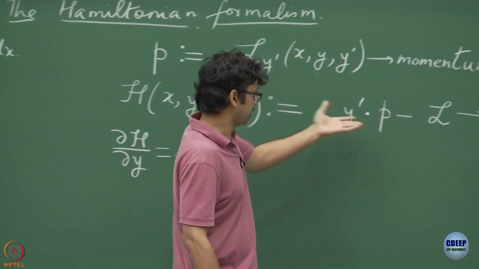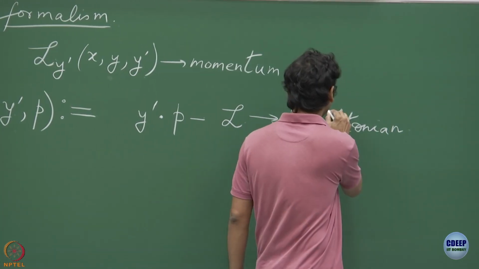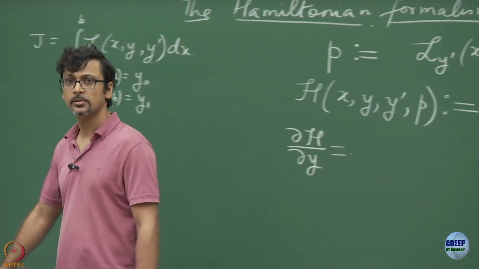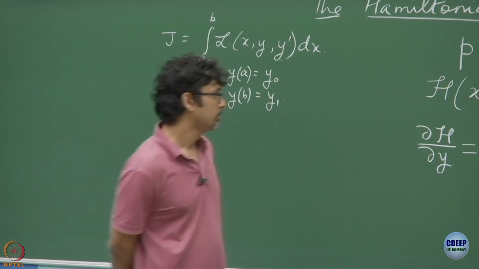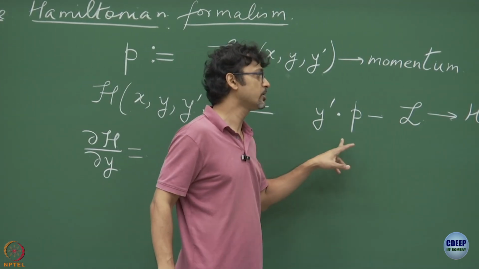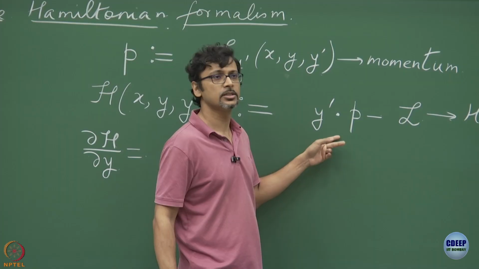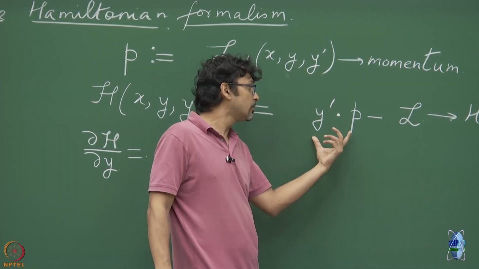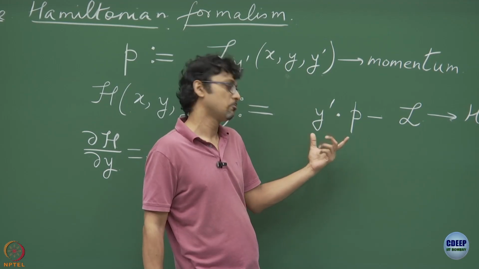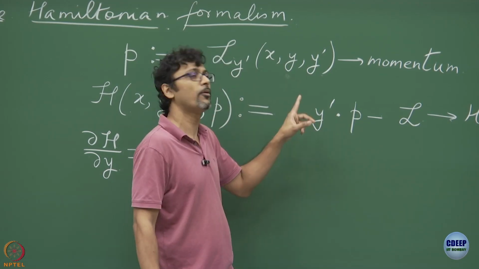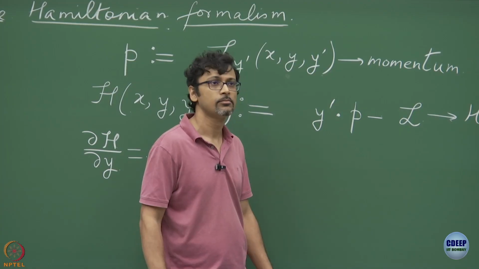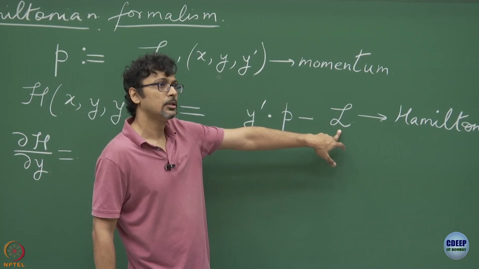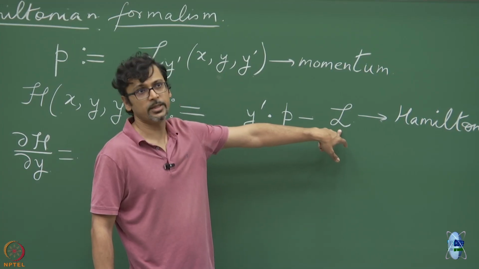So which part of this Hamiltonian that we have defined perhaps depends explicitly on y? This is basically the difference between two terms, right? If you look at the first term, does this explicitly depend on y once you have defined it in terms of the slope of y and the momentum? So all that you will have is minus the partial of L with respect to y.